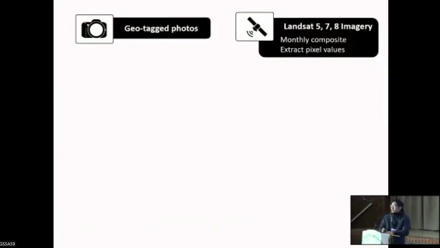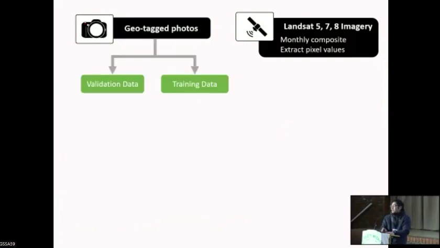So this is a bit of the workflow. The geo-tagged photos are the landscape photos that Justin has been taking. For the satellite data set, I use the Landsat series to make a monthly layer. The geotagged photos are split into 30% validation data and 70% training data.